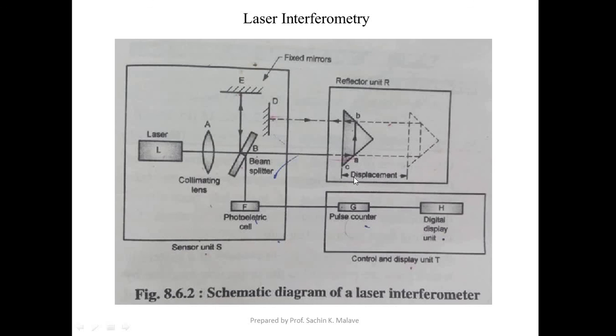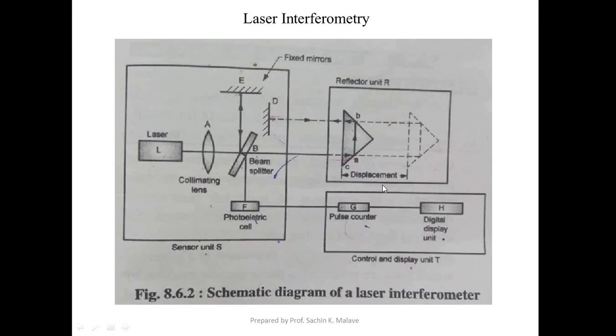Now any displacement of the reflector unit leads to a change in the path length of the portion that passes through the reflector. Initially, when the reflector unit was constant, the path length was constant, but as the reflector unit moves along with the object, the path length also changes, isn't it?